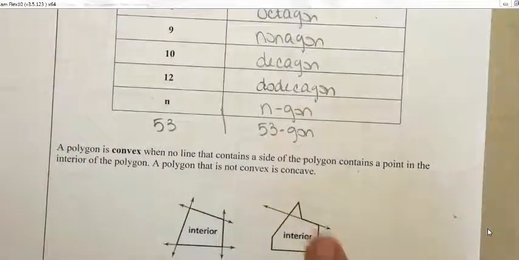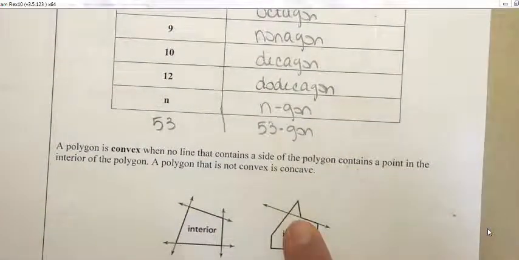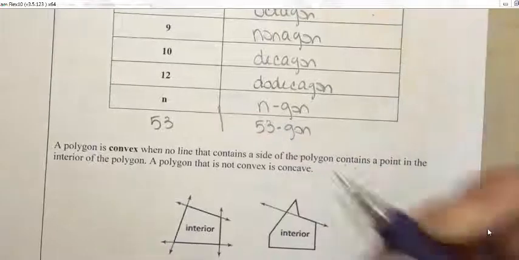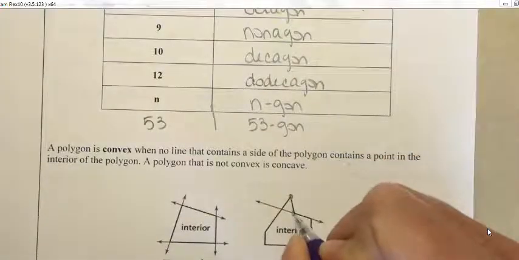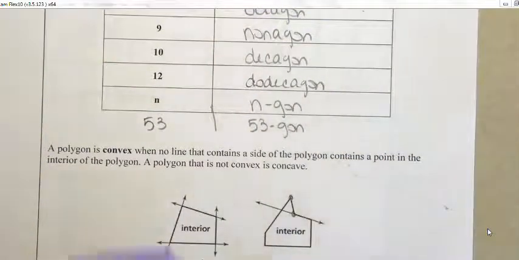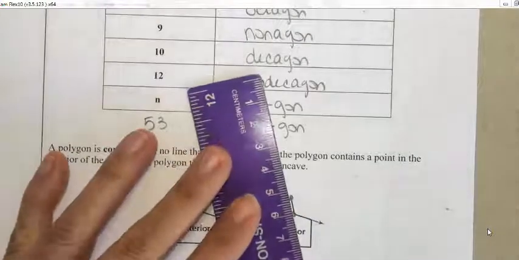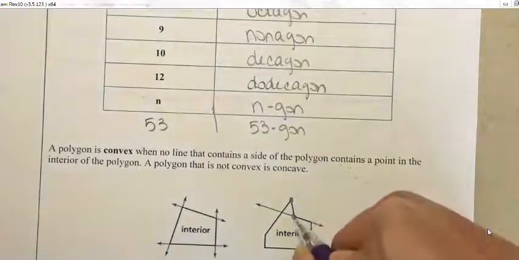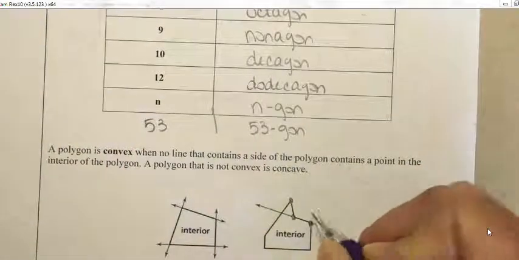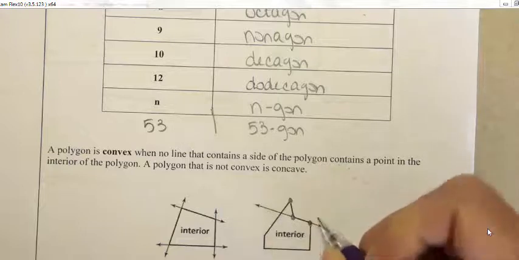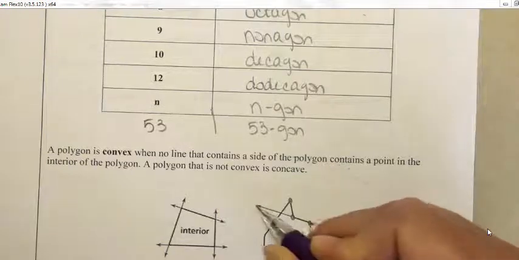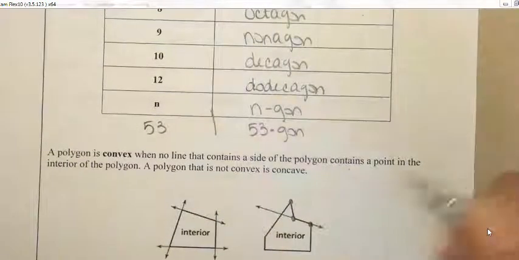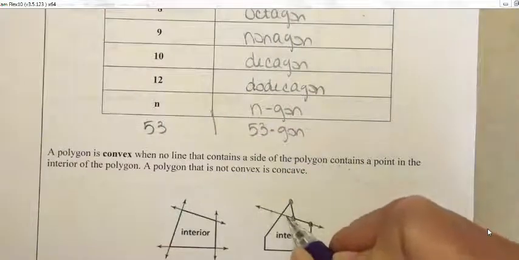Now if I go to this one and I connect consecutive vertices, for example, this vertex and this vertex, notice what would happen. My ruler is going to go straight through the interior of the polygon. That's what they did here. Connecting those with a line that goes on forever goes right through the interior.